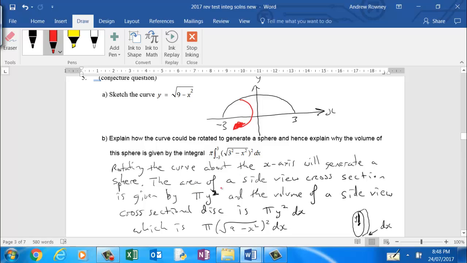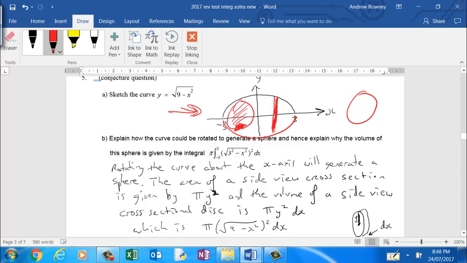The area of a side view cross-section is given by pi y squared. So if we pretend that this is a cross-section view, you have to look side on, and if you just take that piece there, after it's been revolved around, if you look side on to this piece, it would look like a circle.